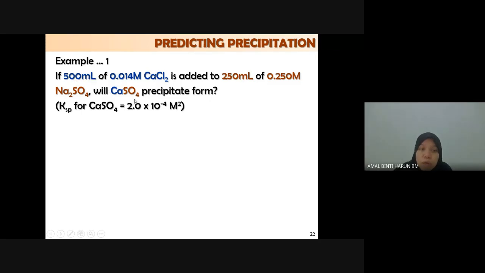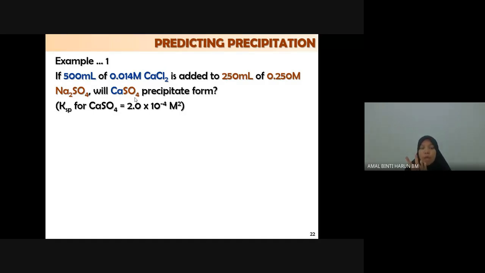Okay. Bila tukar pasangan, dia akan hasilkan dua jenis garam. Satu kalsium sulfate, satu lagi sodium chloride. Kan ada dua sort sebagai produk. Tapi sodium chloride adalah garam yang larut.